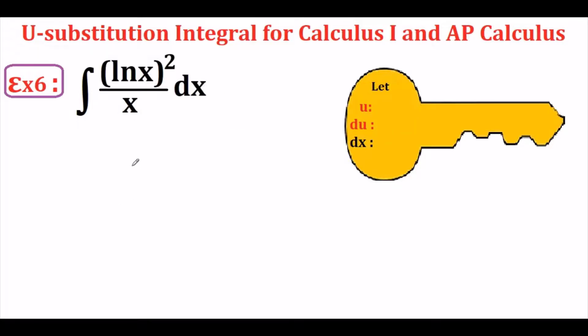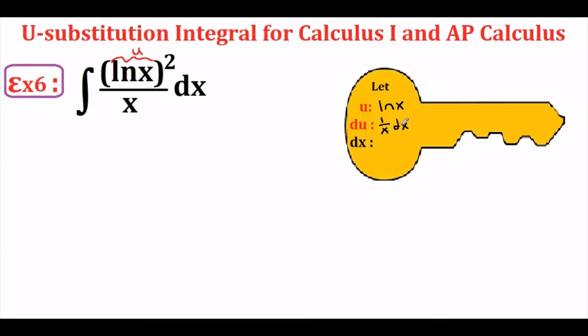Example 6. Integral of ln of x squared over x dx. This time we're going to let ln of x be our u. So ln of x is our u. Let u become ln of x. Du will be the derivative of this. Derivative of ln of x is 1 over x dx.